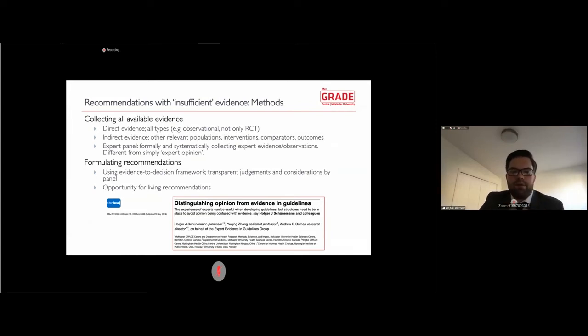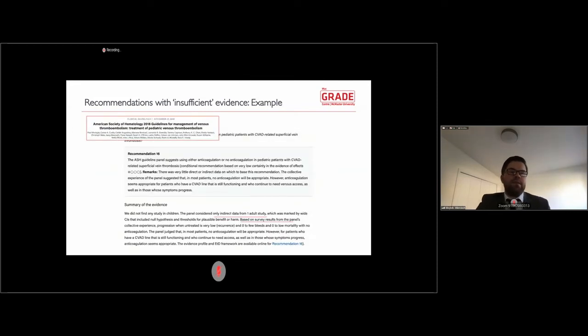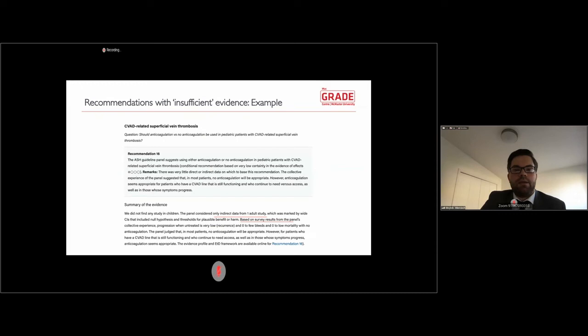One example I'll pull from is the American Society of Hematology 2018 VTE guidelines on treatment of pediatric venous thromboembolism, where the panel, for one of their questions, only had indirect data from one adult study, this being a question about pediatric patients, and for which we actually surveyed the panel based on their experience from their clinical practice on progression of the disease and specific outcomes that pediatric patients in their practice experience.